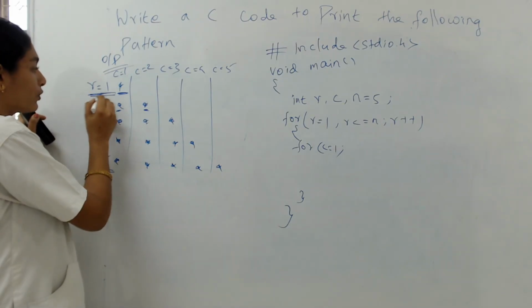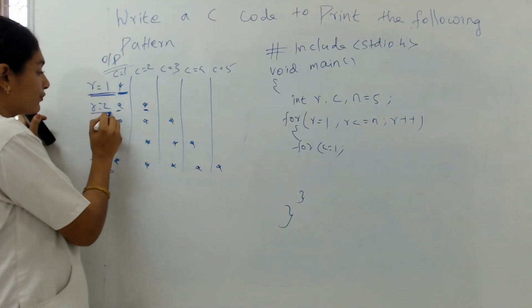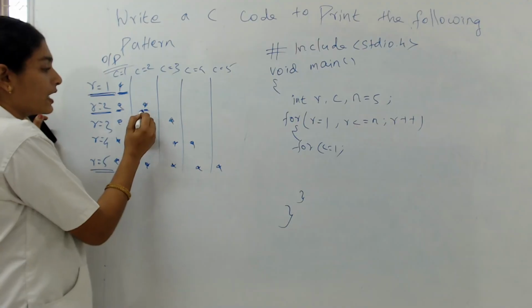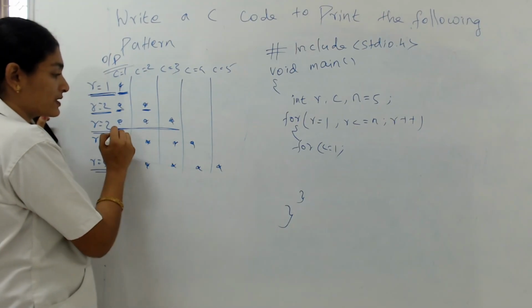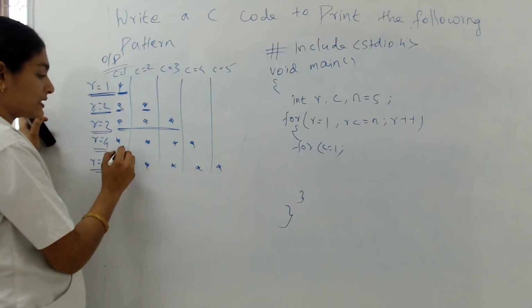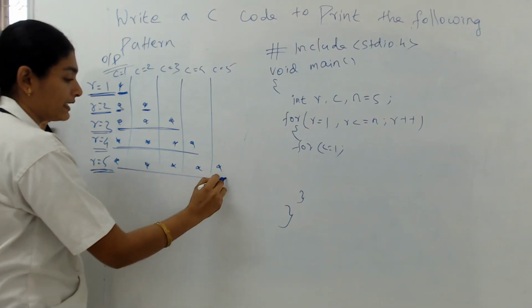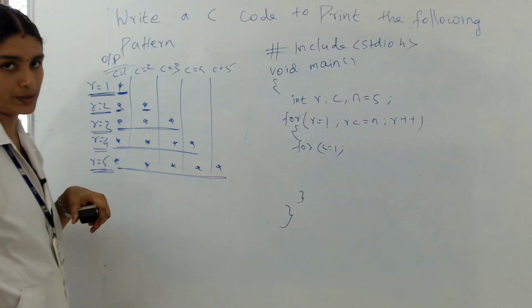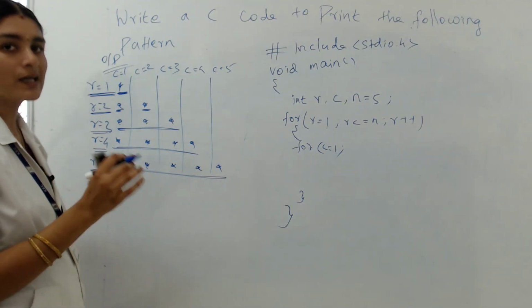If the row count is 1, 1 star is present in my output. If the row count is 2, 2 stars are present. If it is 3, 3 stars are present in my column. Then r equal to 4 means 4 stars, and r equal to 5 means a total of 5 stars are present in my output. So the number of stars in the output is based on the r count.